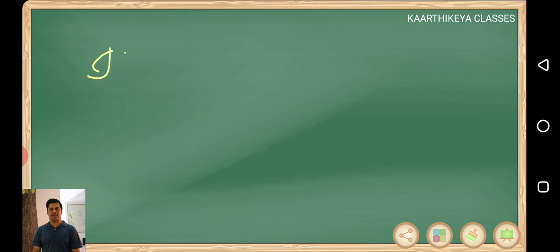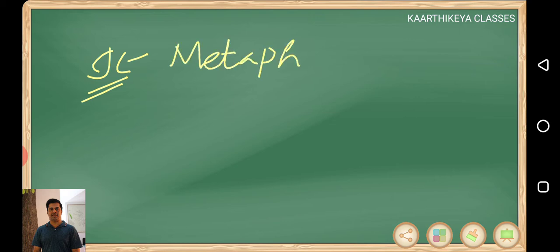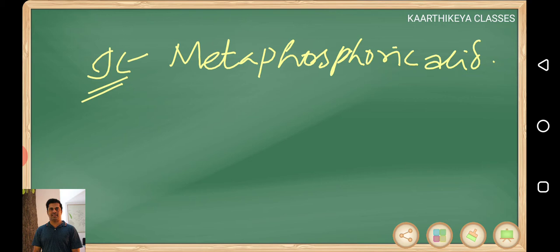Then we'll go for the -ic acid series. First one, metaphosphoric acid. Formula is HPO3.